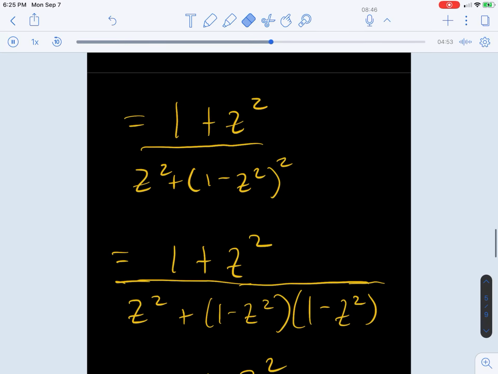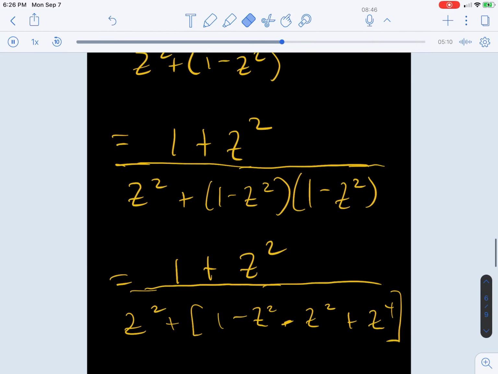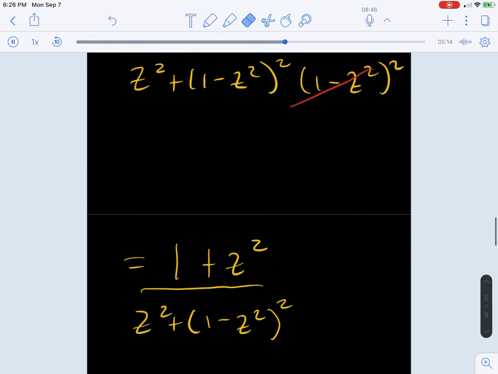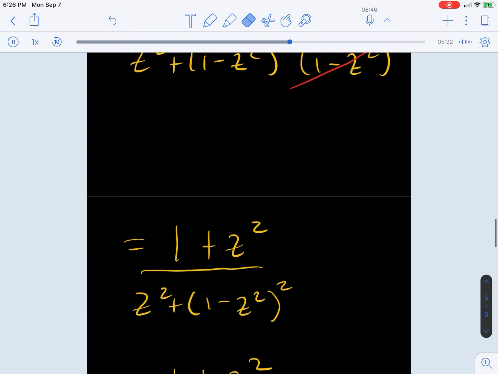Now, this information on the left side, once we simplify, will cancel with (1 minus z squared) to the power of 2 on the right side in the denominator. And you can see how I've highlighted them in red to show you that they cancel out. Now, I'm left with 1 plus z squared divided by z squared plus (1 minus z squared) to the power of 2.